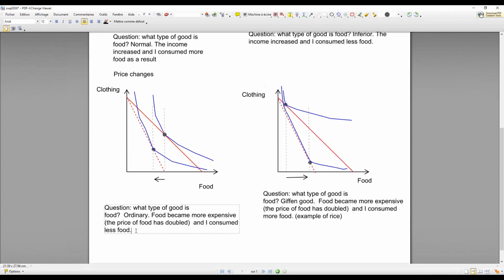Now, second question. What type of good is clothing compared to food?